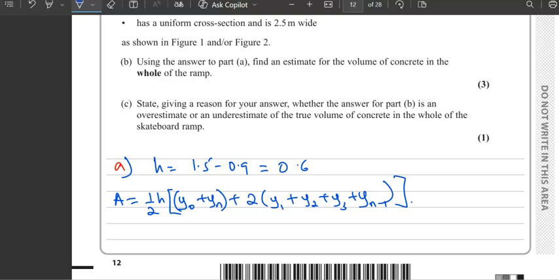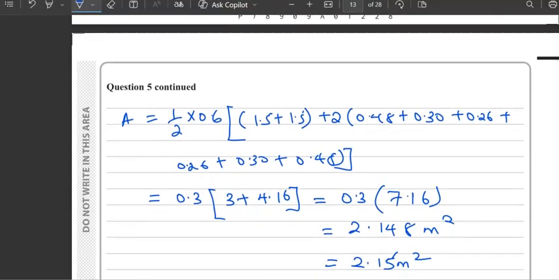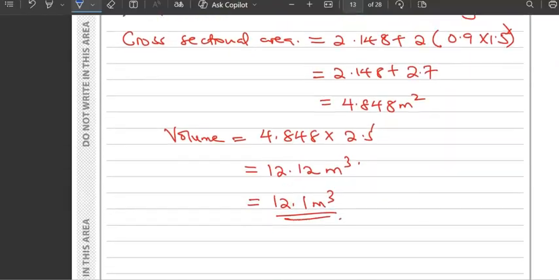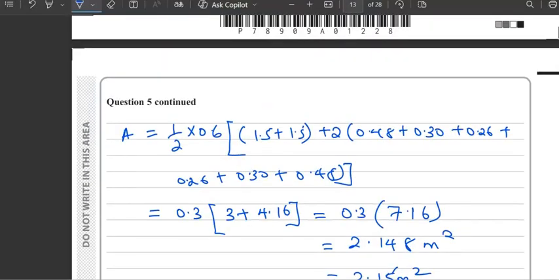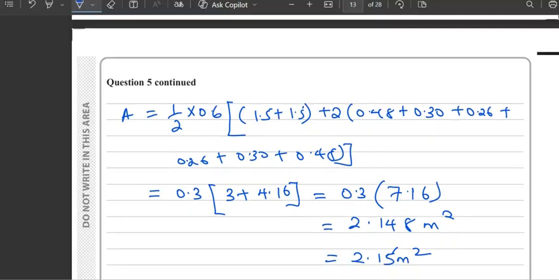Is the area overestimate or underestimate? If at all we can consider two things based on what we have. Majorly, the estimate itself is an overestimate because the total area of the trapezia is greater than the actual shaded cross-sectional area under the curve. Therefore, the estimated volume is simply greater than the true volume.